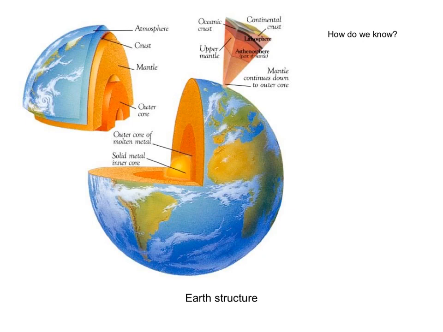Okay, so the core is primarily iron, nickel, and various compounds of metals with sulfur. We don't find lighter minerals like silicates and so forth in the core. Those have risen up to the top in the mantle and in the crust.